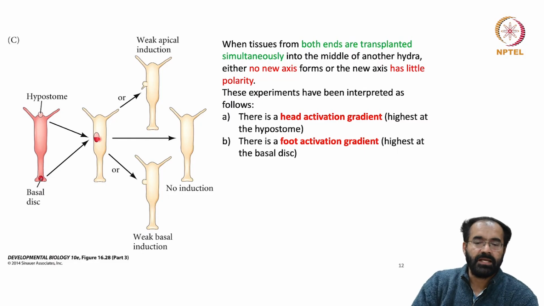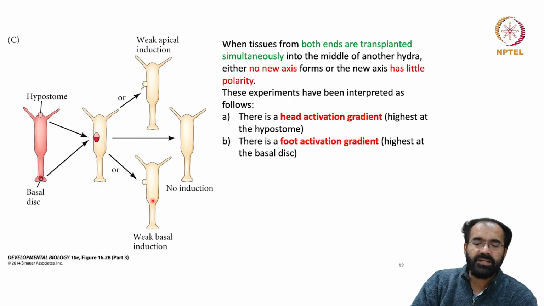Then you will get either a weak apical induction, not strong, it doesn't grow very strongly, or a weak basal induction. Why a weak apical induction? Because although you took 50-50, maybe one cell or two cells were a little more in the hypostome, hence it gets a weak head induction.